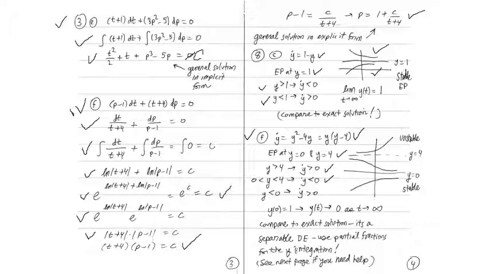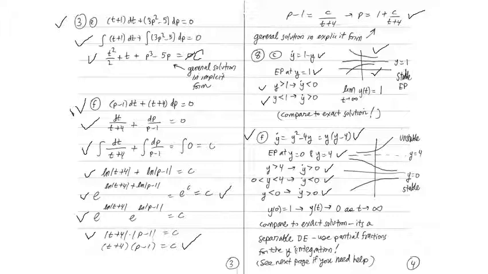If y is between 0 and 4, the function will decrease, and less than 0 it will increase. So that gives us an unstable equilibrium at y equals 4 and a stable equilibrium at y equals 0.